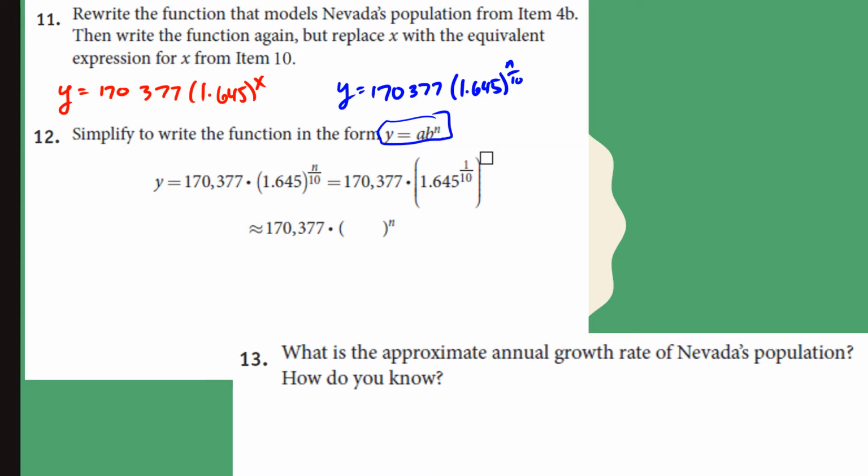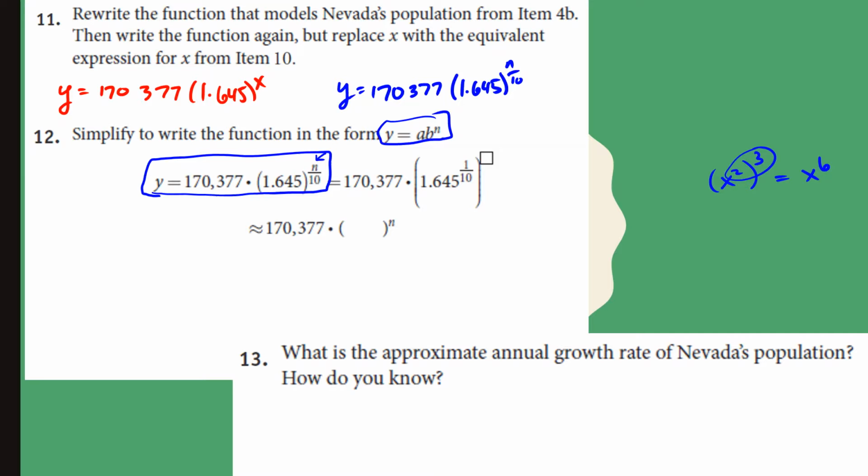This is very simple, but see if you can follow it. Here's what we are starting with, what we just wrote, and we want to break it down so that this power out here is not a fraction. If you remember, if you had x squared to the power of 3, powers of powers multiply, so this would be x to the 6th.